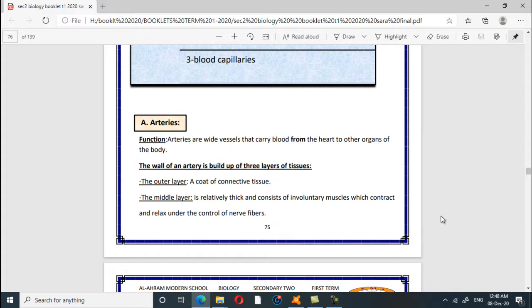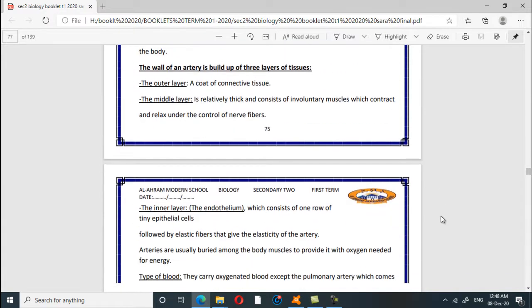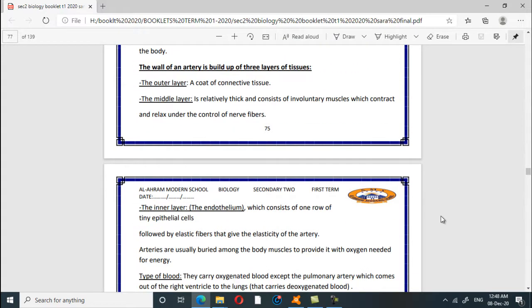What is the structure of the arteries? Arteries consist of three layers. The outer layer is made of connective tissue. The middle layer is relatively thick and consists of involuntary muscles which can contract and relax under the control of nerve fibers.